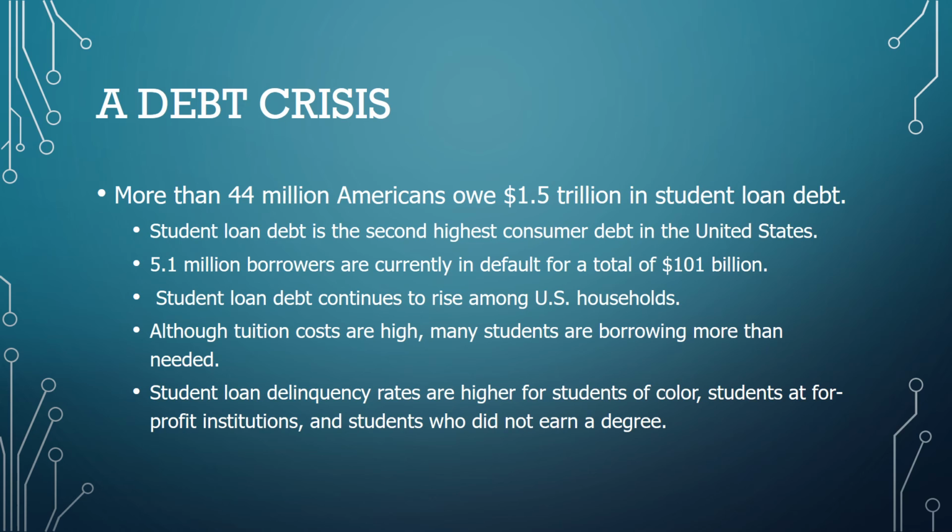5.1 million borrowers are currently in default for a total of $101 billion. It is important to note that default numbers do not represent the percentage of students who currently have their loans in forbearance or deferment.